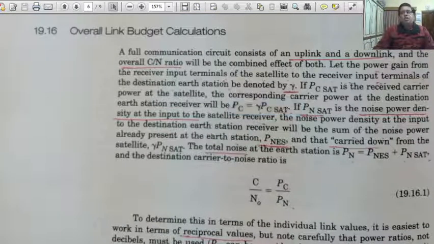If PN_sat is the noise power density at the input to the satellite receiver, the noise power density at the input to the destination earth station receiver will be the sum of the noise power already present at the earth station, PNES, and that carried down from the satellite, gamma PN_sat.